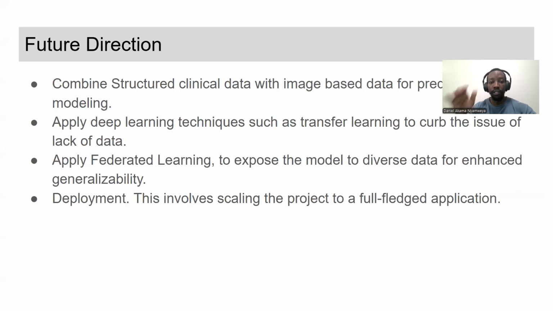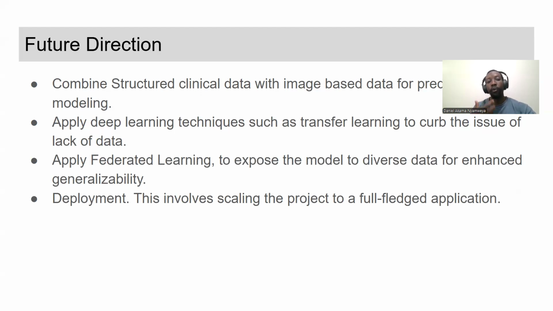In terms of the future direction, the future direction for this project is quite bright. First, try and combine structured clinical data with image-based data for overall and holistic predictive modeling when it comes to pneumonia. As we know, most of the research right now is into using image data and transfer learning.